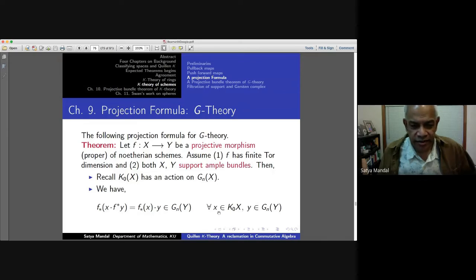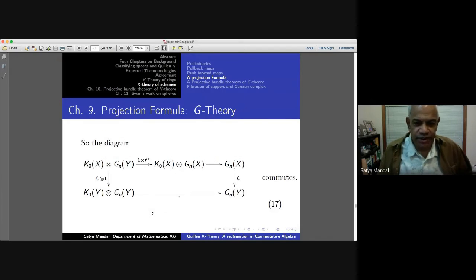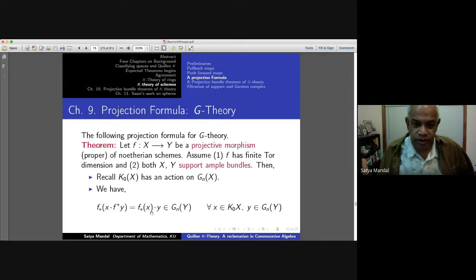K0 acts on G_n, so x times f^* is the pullback, which I defined, and then you push it forward, and that gives you what you expect. Diagrammatically you have this. So I wrote a projection formula for any projective morphism.